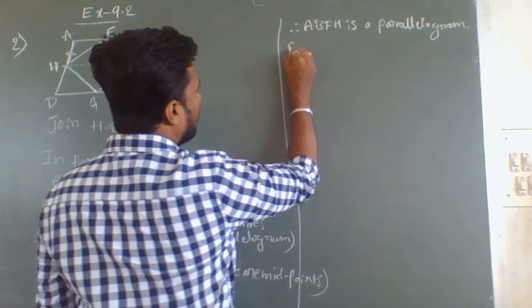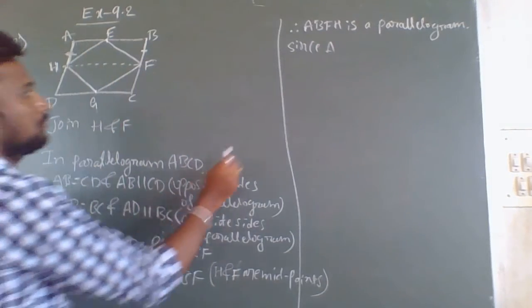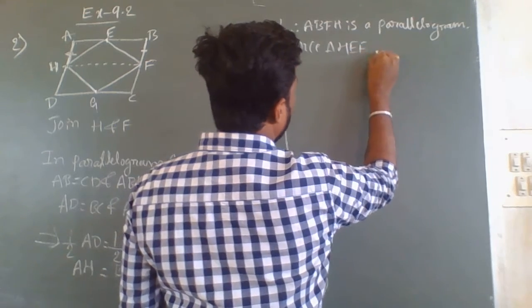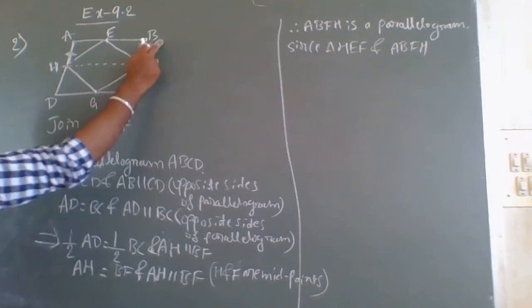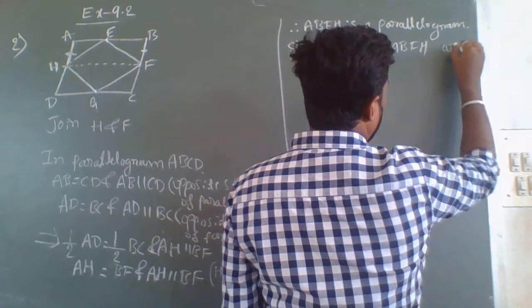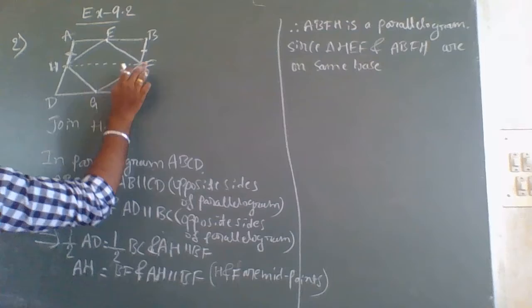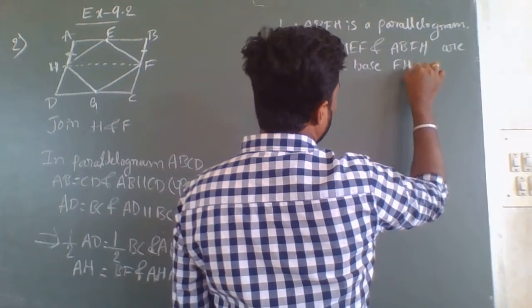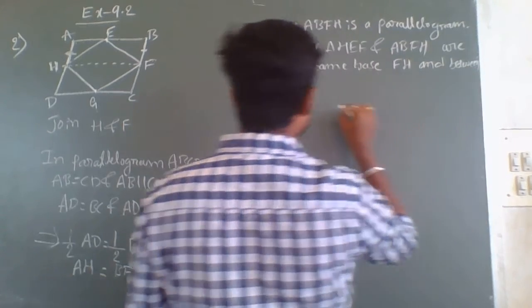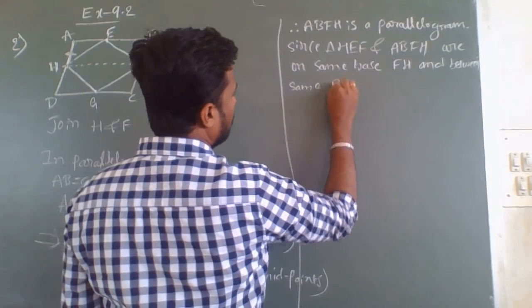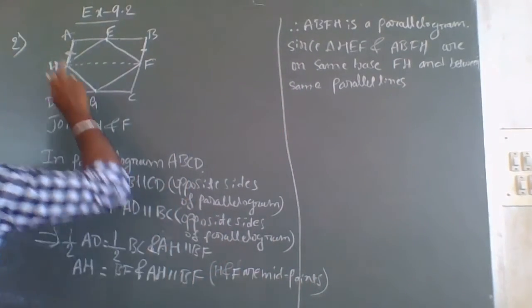So here we can write, since triangle HEF and parallelogram ABFH are on the same base FH, and between the same parallel lines AB and FH.